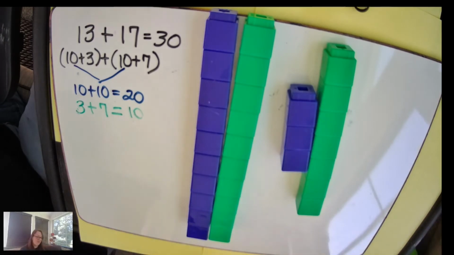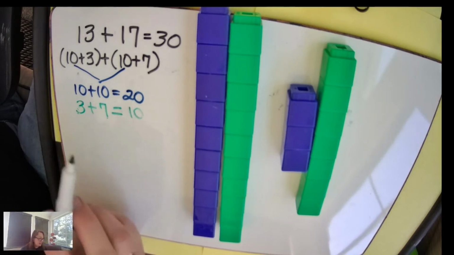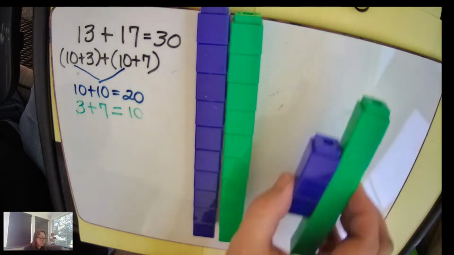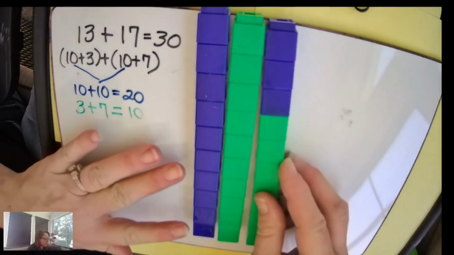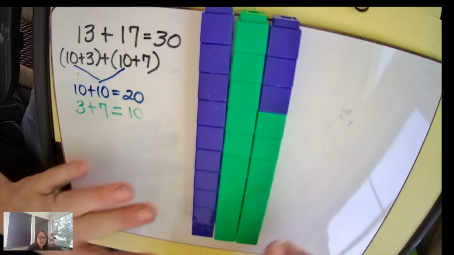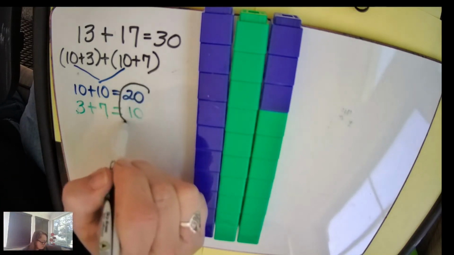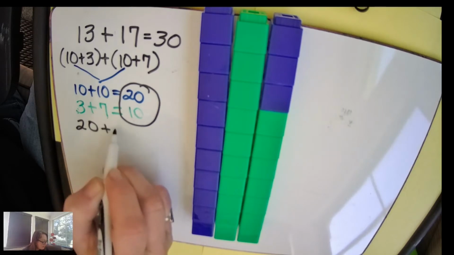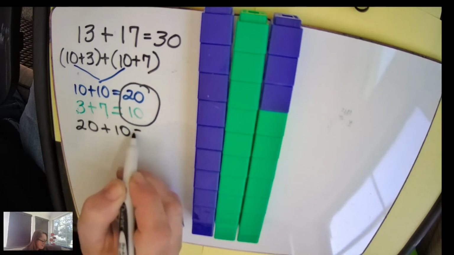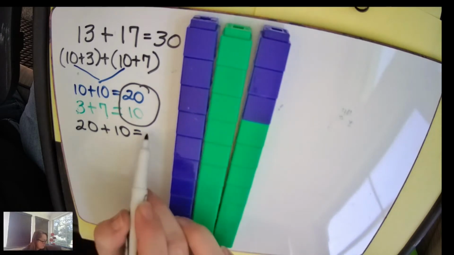Do you remember those? The combinations of 10. 3 and 7 equal 10. So, when I put these together, I have another 10. So now, I have 20 plus 10 equals 10, 20, 30.